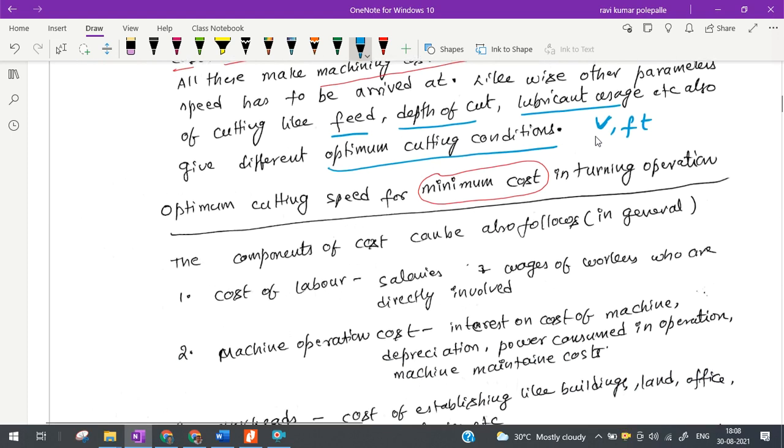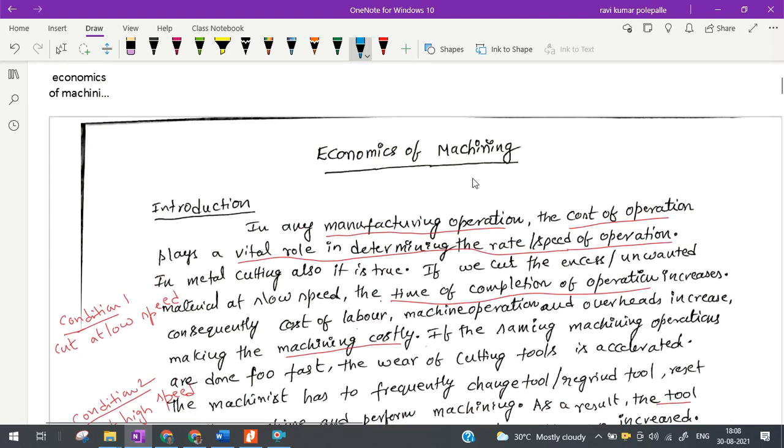We are going to consider cutting speed as the most important parameter, and we shall try to work out how this V can be optimized so that the cutting can be economical.